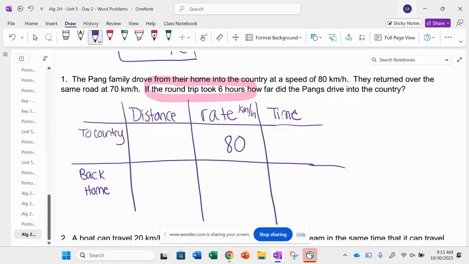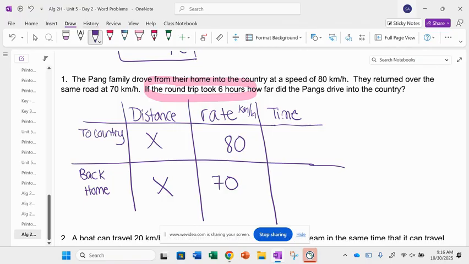They returned over the same road at 70 kilometers per hour. So do we know the rate on the way back? Yes. Okay. How far did the Pengs drive into the country? So do we know the distance? No, but do we know the distance is the same to the country and the way back from the country? So I'm going to put X for both of them.